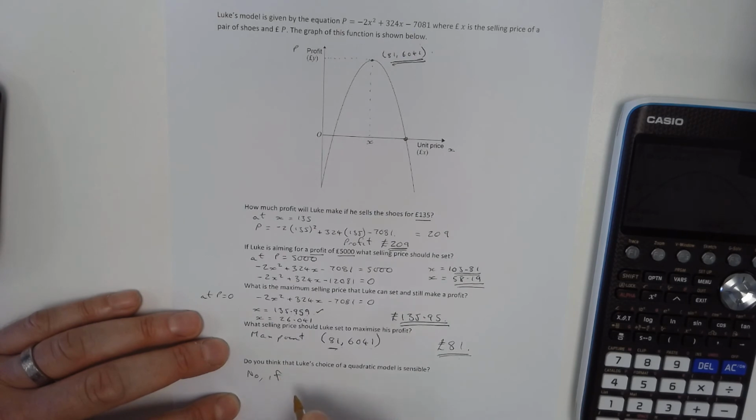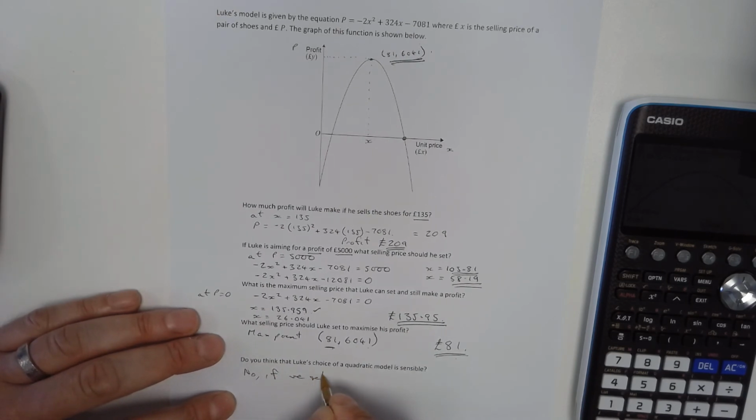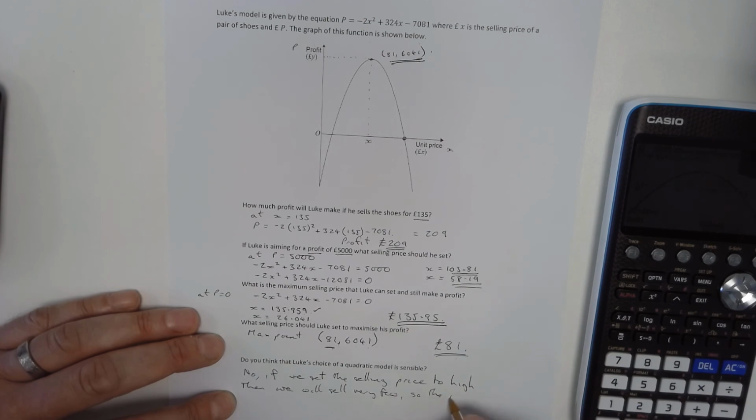So what I'm going to say is that no, if we set the selling price too high, then we will sell very few, so the profit will tend towards zero as X increases.